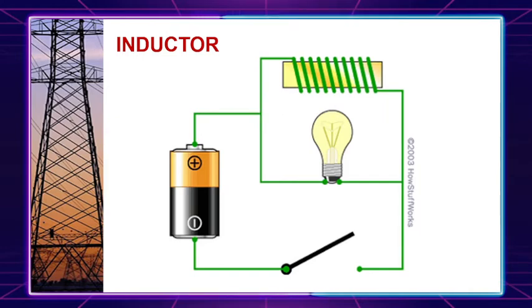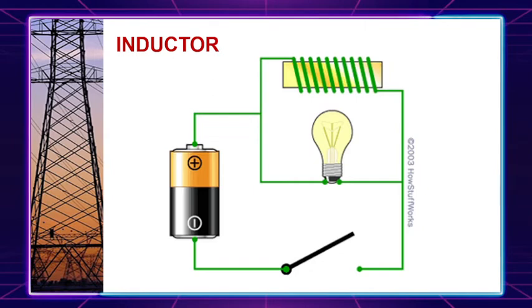The reason for this strange behavior is because of the inductor. When the current first starts flowing, the coil wants to build up a magnetic field. When the field is building, the coil inhibits the flow of current. Once the field is built, current can flow normally through the wire.